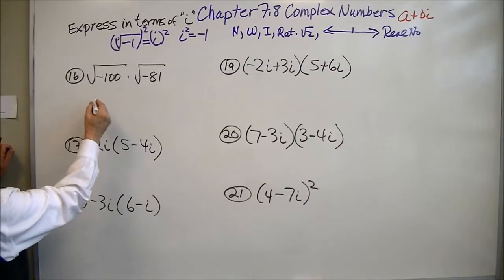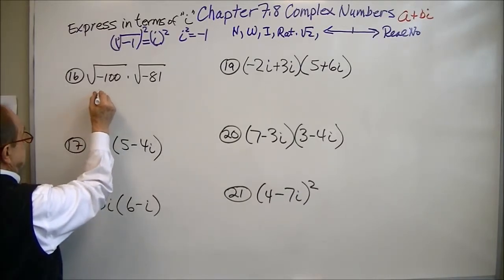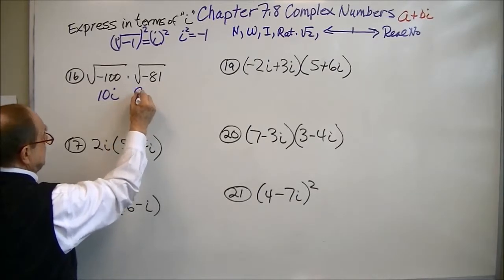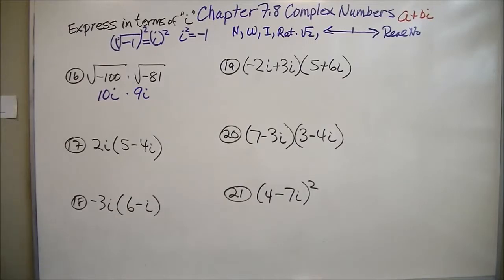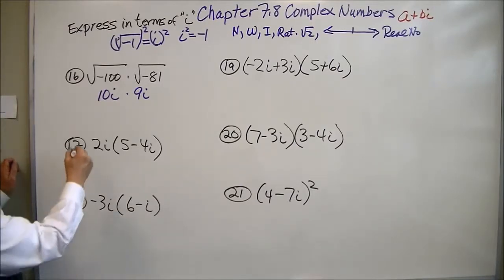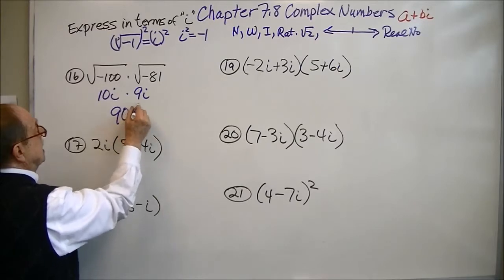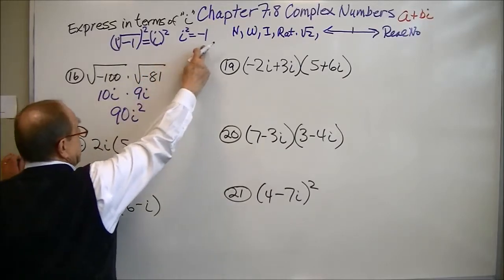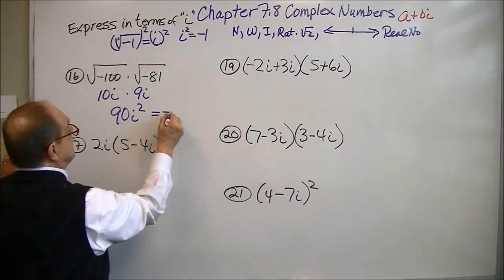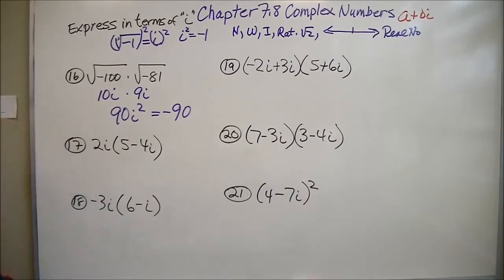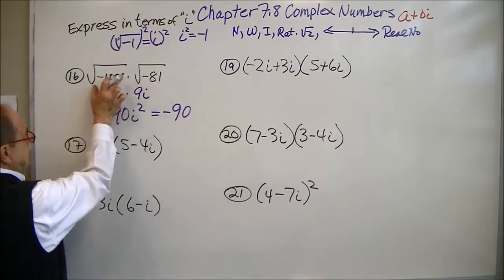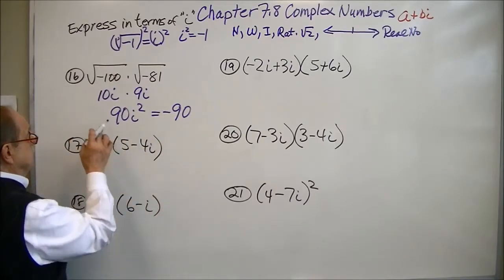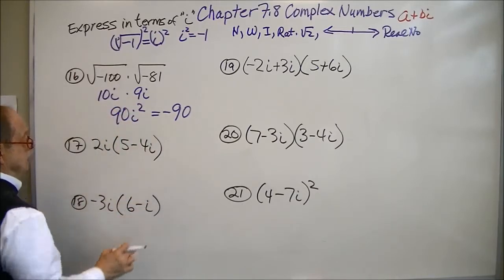So the way to do this is this becomes 10i, and this becomes 9i, and you're going to multiply them. So this becomes 90i squared. And what is i squared? i squared is negative 1. So this becomes a negative 90. Now notice if you just multiplied the radicands, it would have made it a positive. But you can't do that. You have to do it this way. It's going to become a negative 90.